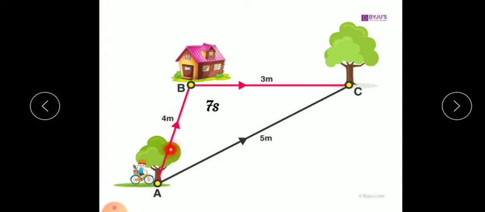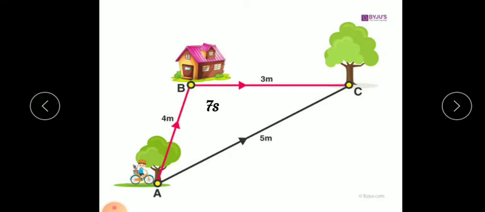So he went along the path A, B, C and he reached his destination. From A to C, he took 7 seconds to reach his destination. So we have to find how much distance he covered in 1 second.